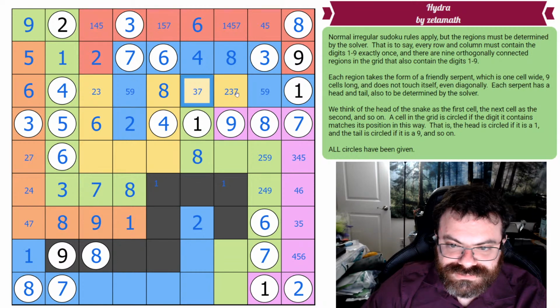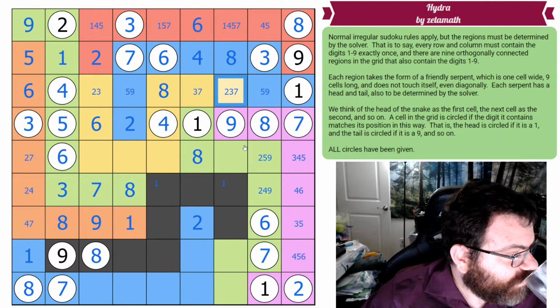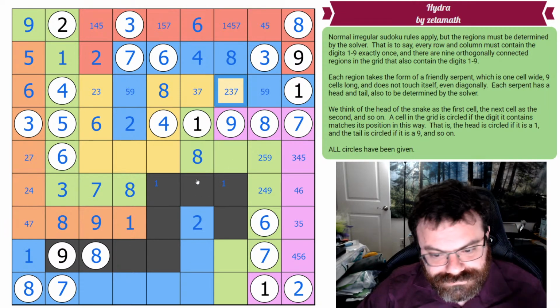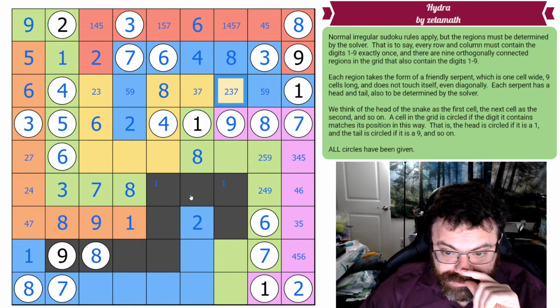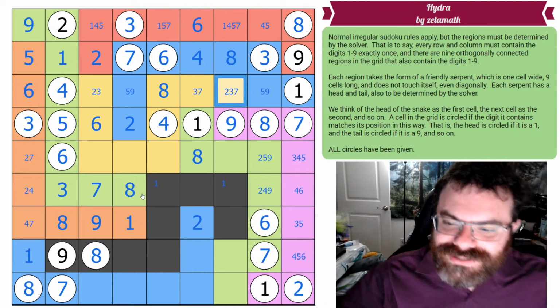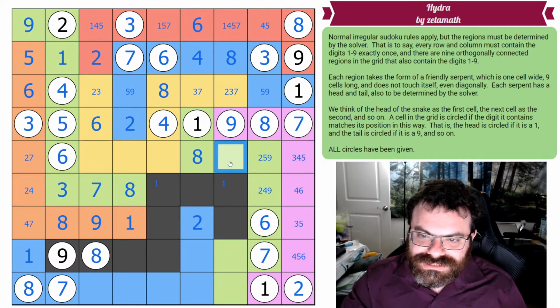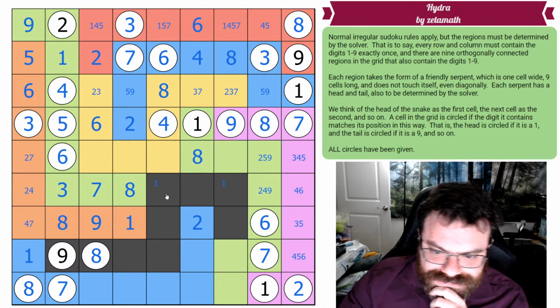This can't be 7. This could be any of those. 65 cell long snake, long boy. What am I missing here?